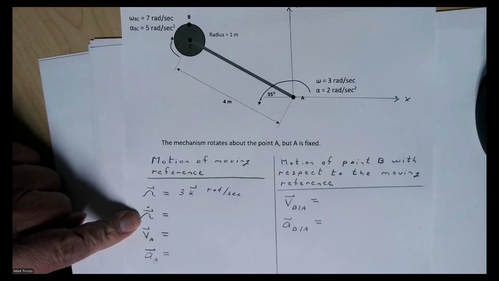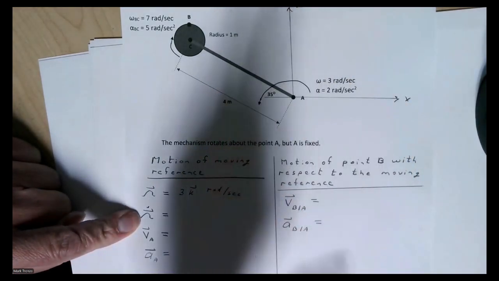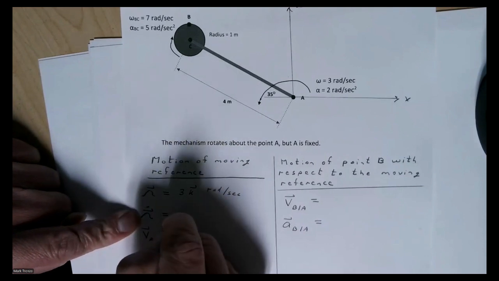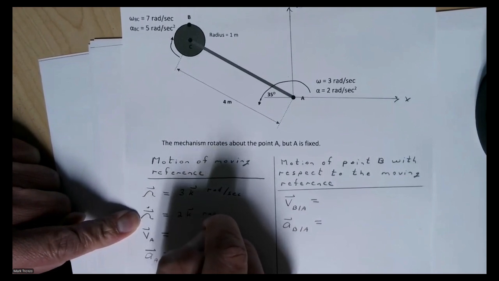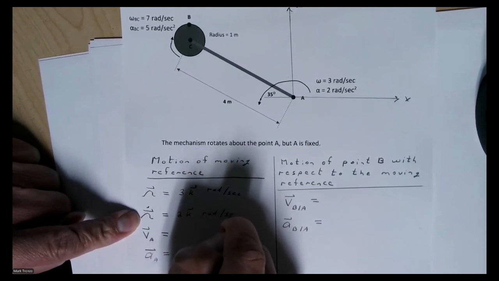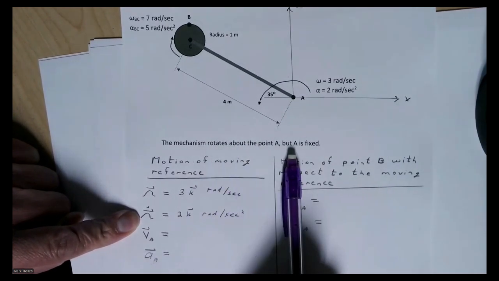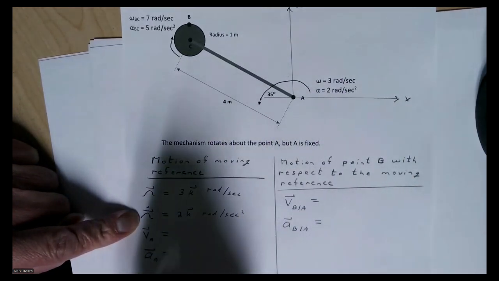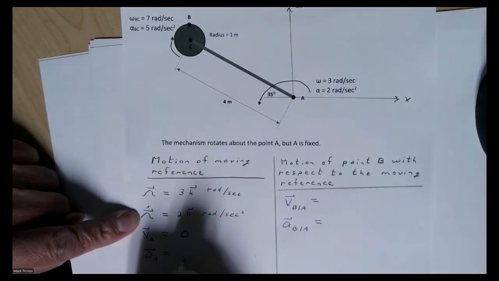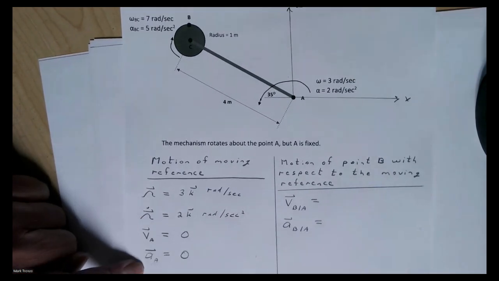Then the acceleration is here. Once again, it's accelerating about the z-axis. So that's going to be 2 radians per second squared. And so again, A is fixed. So that means A is not translating. So we can make this 0 and this 0. It's not translating or accelerating.